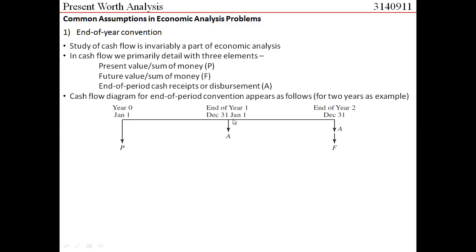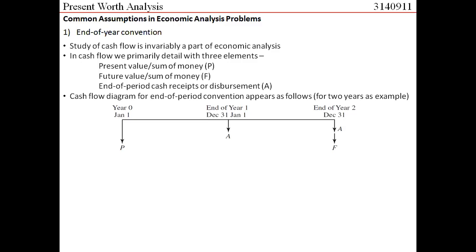My next year starts from January 1 again. So my annual disbursement would be at the end of the year, 31st December. So here, when we are talking about end of period receipts or disbursements, we generally take it as end of the year, right?